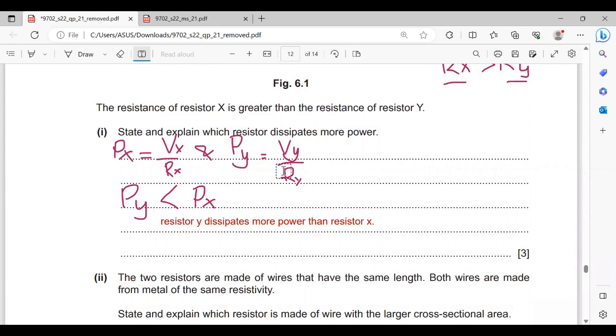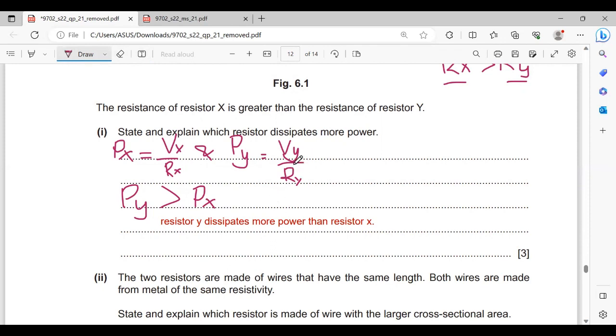If resistor Y is less than resistor X, Py will be greater than Px. Sorry, this one is supposed to be that Py will be greater because it has Ry less than Rx.